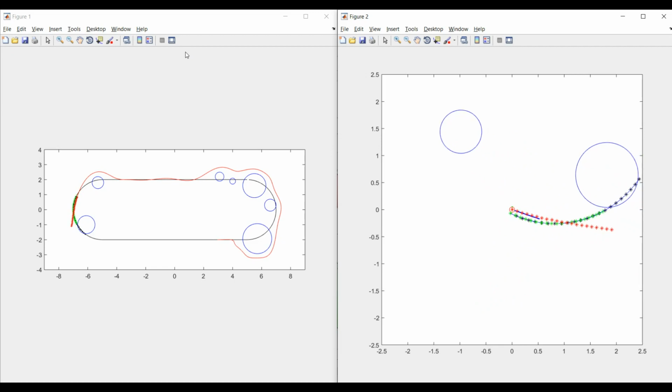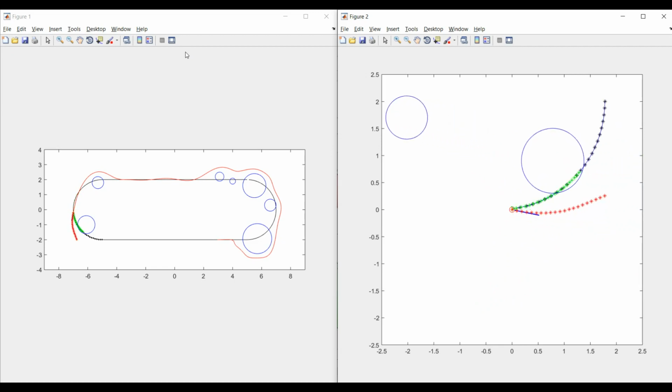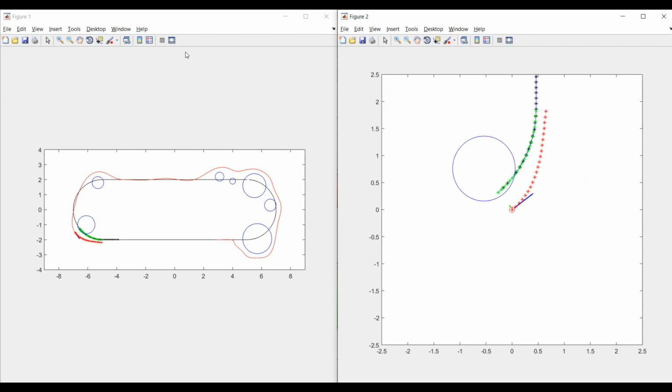So obviously the MPC is trying to reduce jerky motion by punishing both the angular velocity and the angular acceleration, while simultaneously keeping a distance to the objects.